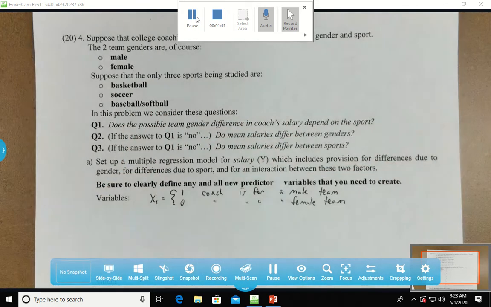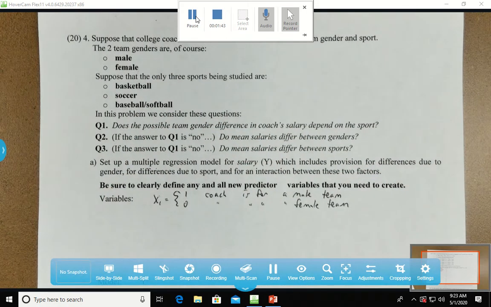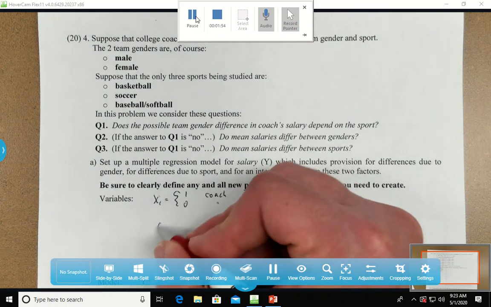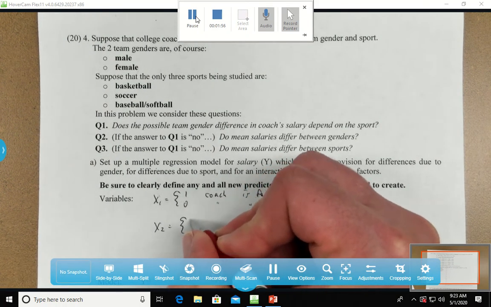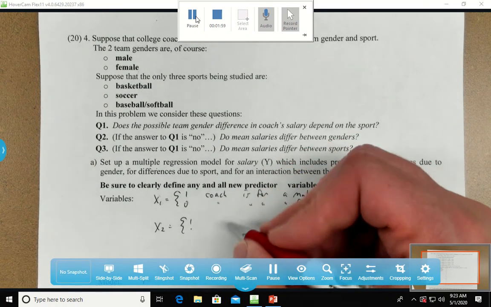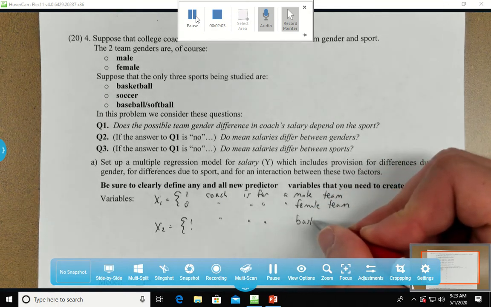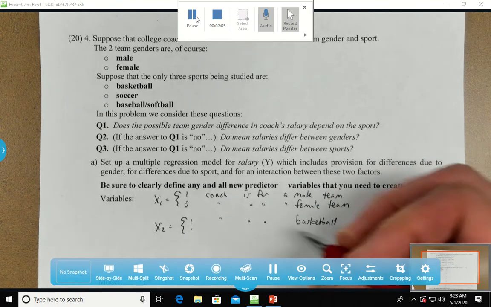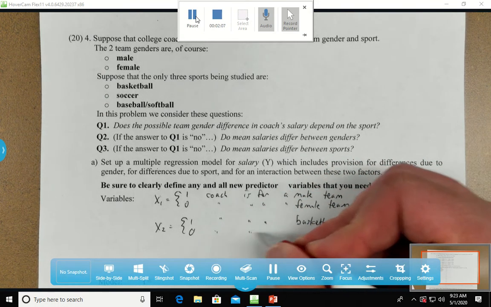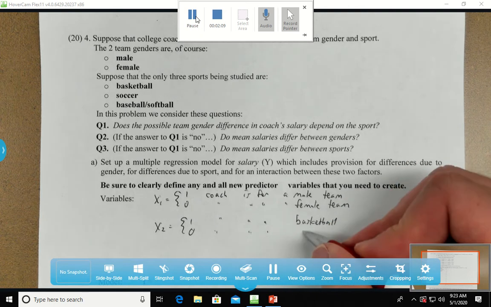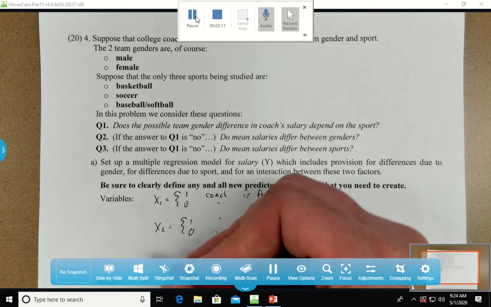Now we have 3 categories for the 3 sports, so we only need 2 indicator variables. I'm going to let baseball and softball be my reference category. So x2 is going to be 1 if the coach is for basketball, what a great sport, and 0 if the coach is for another sport besides basketball.